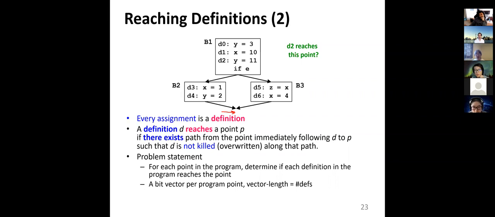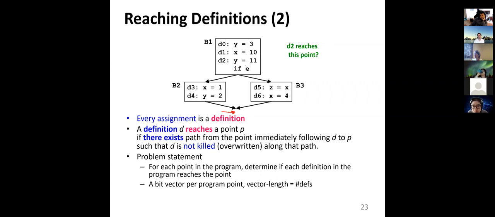Yeah, remember the formulation: if there exists a path, so if there's a possibility that it reaches, then it's possible. So for D2, we would have to say that at this point D2 could reach this, even though along this path it might be overwritten. But I don't know whether this branch is taken or not.